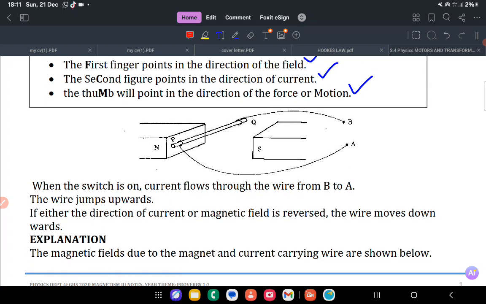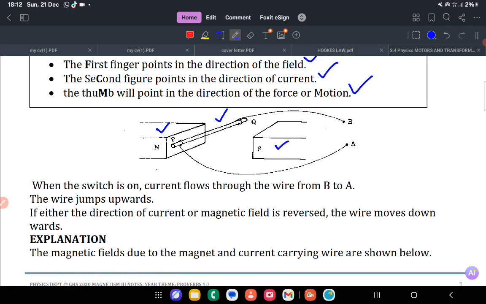Once again, my name is Mr. Paul Chilola. All right, so we have a scenario here which I just explained. So we have a wire, which is our conductor, and then we have two magnets, one north pole, the other one south.